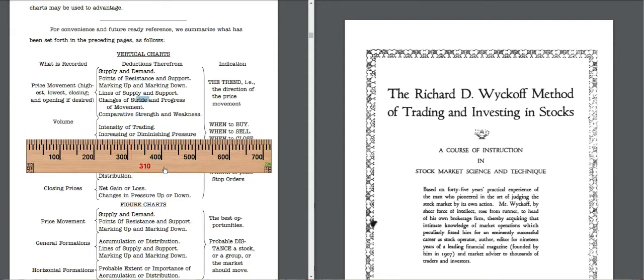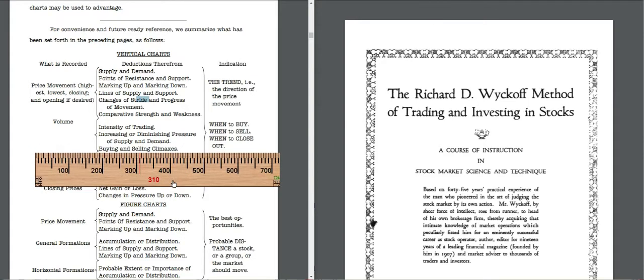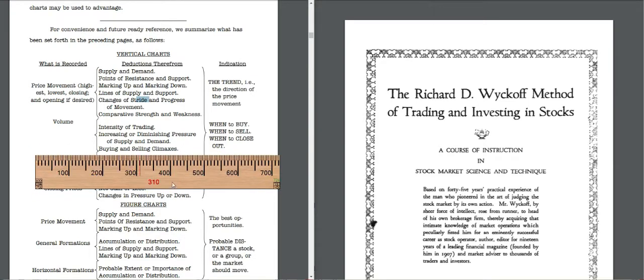Intensity of trading. So intensity, increasing or diminishing pressure, the low volume tests. All right, so pressure, very important, of supply and demand. Buying and selling climax, absolutely critical. You'll see how critical this is. And what is this telling you? It is telling you when to buy, when to sell, and when to close out. Buying, selling, and closing.